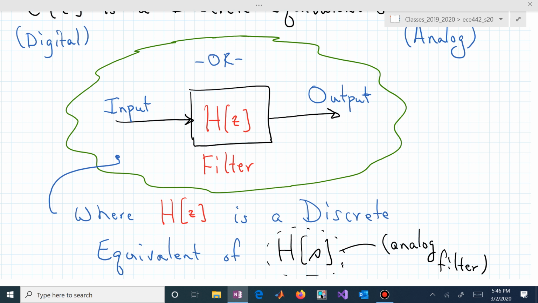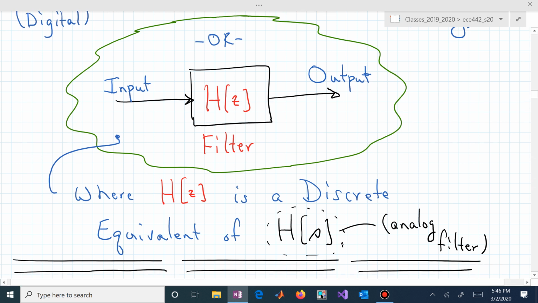That's this second scenario in the cloud, but that's finding D of Z, which is a discrete equivalent of an H of Z is a discrete equivalent of H of S, where H of S is your favorite analog filter.